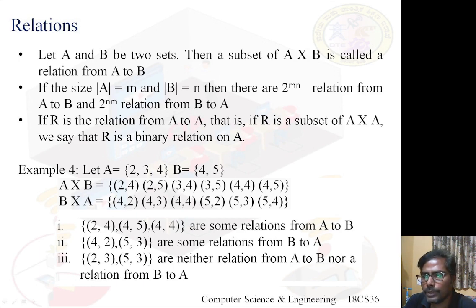So we have 2 power mn subsets of A cross B, and all these 2 power mn subsets of A cross B are nothing but relations from A to B.